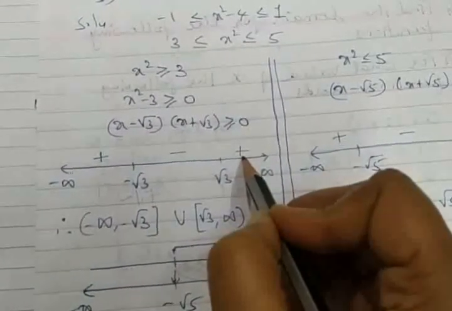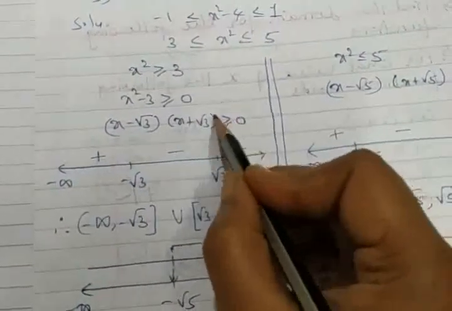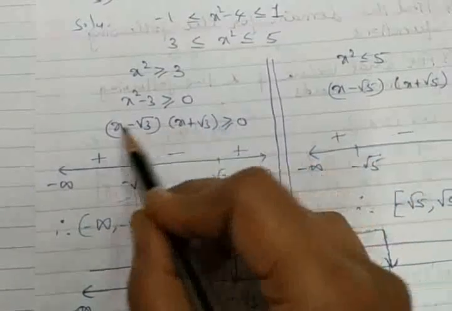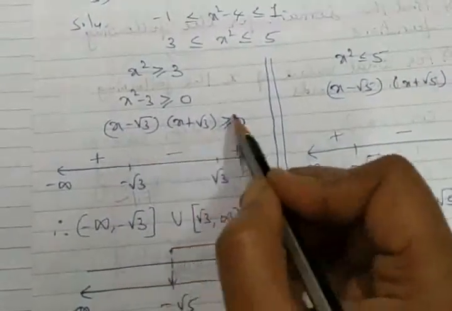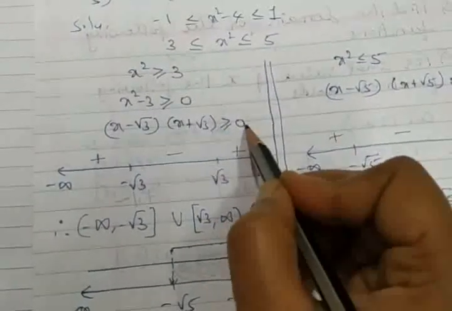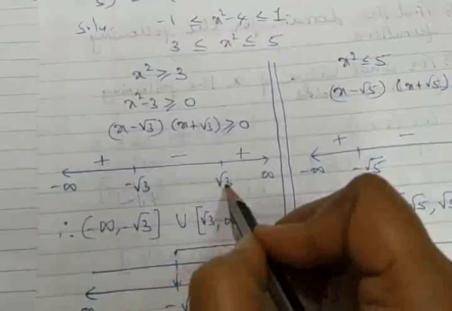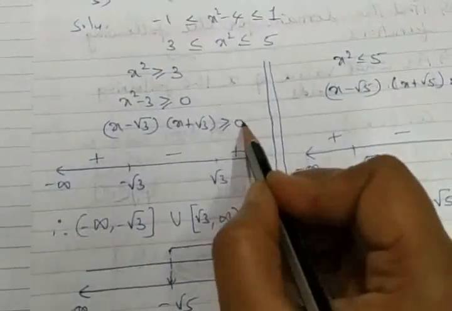Got it? So this is the number line study. Now let me come to this inequality. What is my requirement? I want those values of x which will make the whole expression greater than or equal to 0. For equal to 0, root 3 and minus root 3 have to be included. And greater than 0 means what? Greater than 0 means positive.